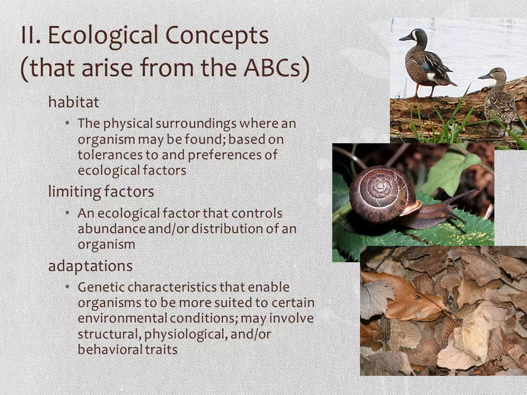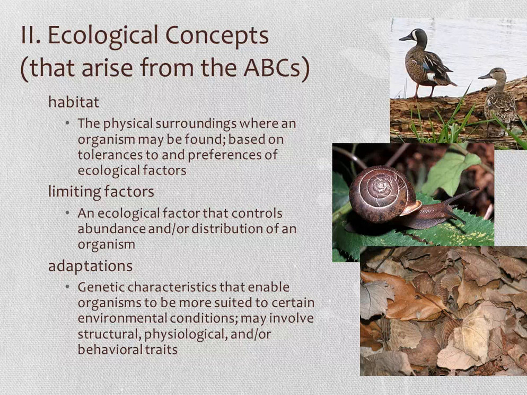And then you have adaptations, which are characteristics that organisms have that enable them to be better suited to certain environmental conditions that arise from these factors. These adaptations are typically genetic. They come about through natural selection, and they may involve structural, physiological, and or behavioral traits.